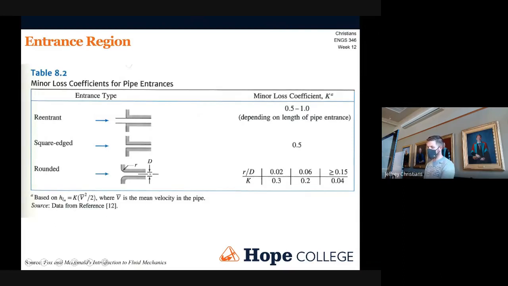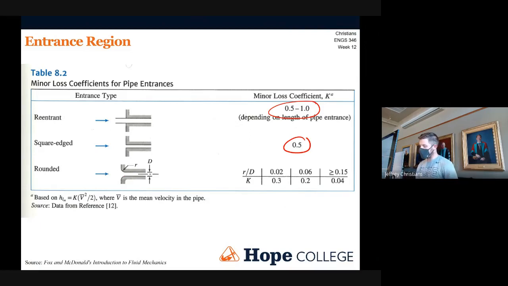So for example, you can see these are different types of entrances. If you have a pipe sticking out into your tank, your loss coefficient might be somewhere from 0.5 to 1. If you have just a square-edged entrance like this, maybe it's 0.5. Again, these are generic ballpark numbers, but they can give you a good starting place.